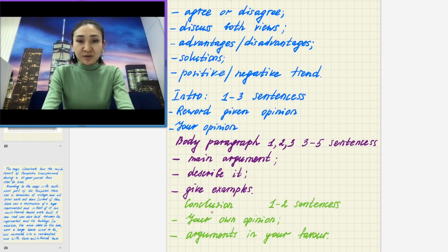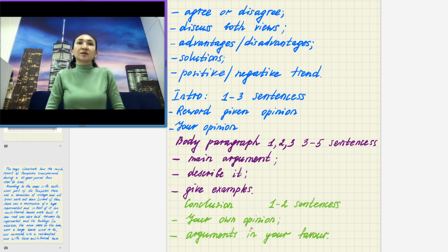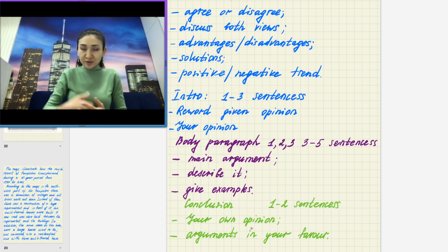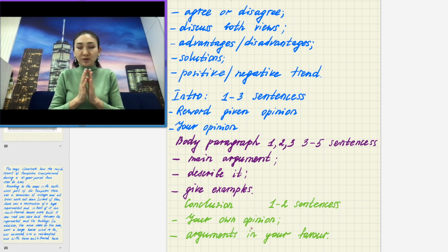So the last part of the structure is the conclusion part. In the conclusion part, I recommend you write 1 or 2 sentences. So what exactly do you have to write there? You have to write your own opinion on the topic which you already wrote in your task, because you have to inform the reader if you completely agree with that, or if you disagree with that, or if you half agree with it, and try to convince your reader.